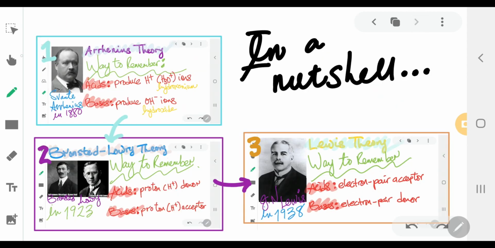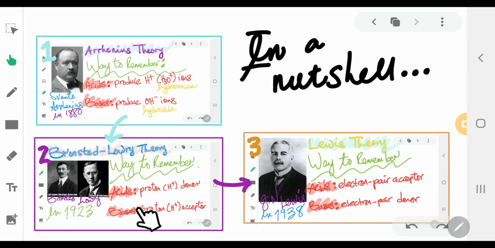And to recap in a nutshell, the theory developed from Arrhenius, the first person to develop the idea of acids and bases. In the beginning, it says that species that produce H+ will be acids, species that produce OH- will be bases. But then when they did more research into it, Bronsted-Lowry realized that there are species like NH3 that do not have OH-, but they are bases.